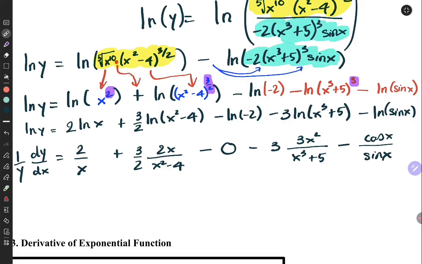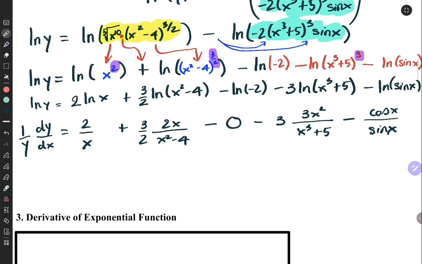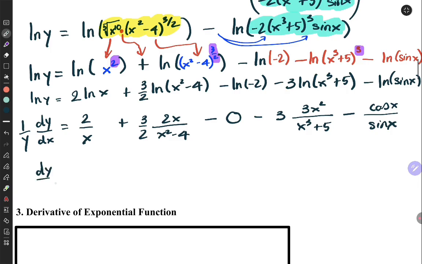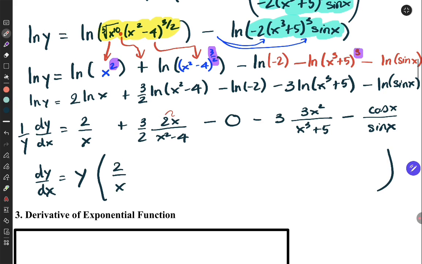For those of you still trying to get it. Okay. Last step. Remember, this is our question. Simple, right? Multiply both sides by y. dy over dx equals y times, now I'm going to simplify as much as possible, 2 over x. I see 2 here, 2 down there, right?